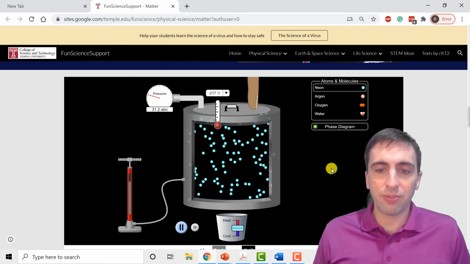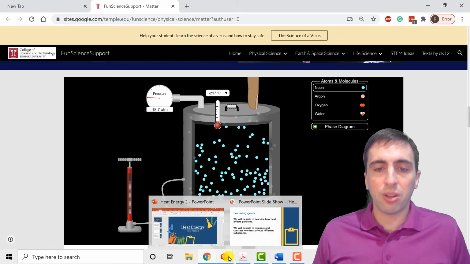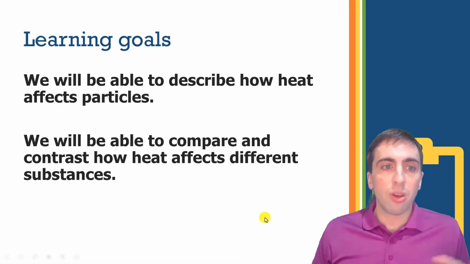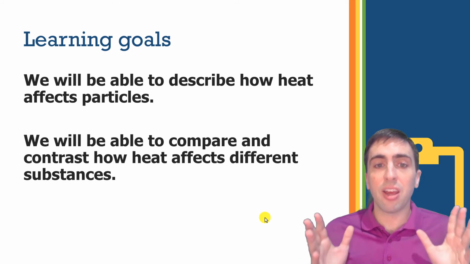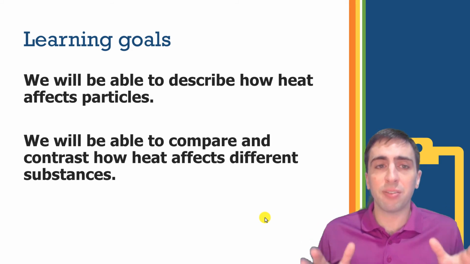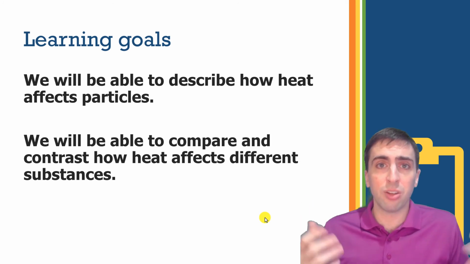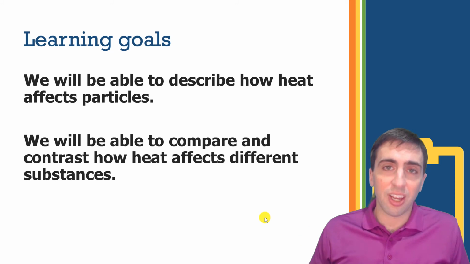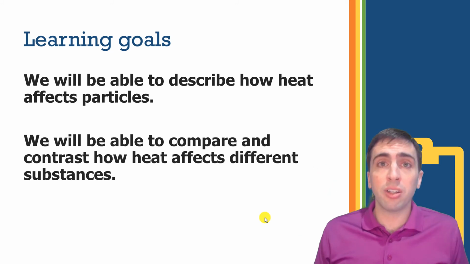Wow, okay. So let's go back to our learning goal. We will be able to compare and contrast how heat affects different substances. So we had two different substances, water and neon. We saw that water needs way more heat energy.